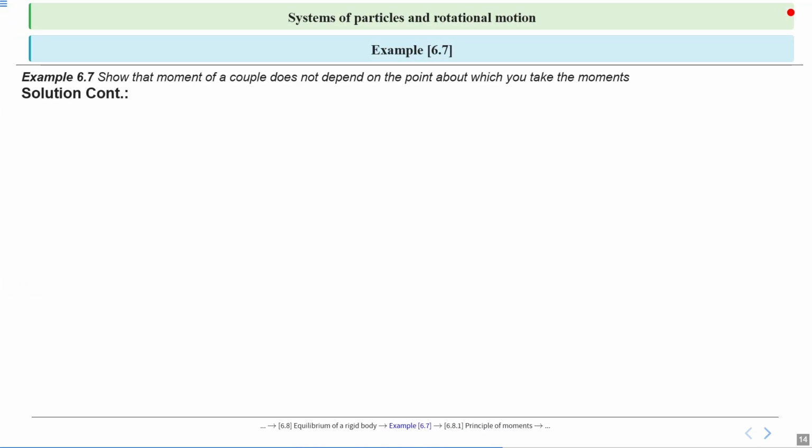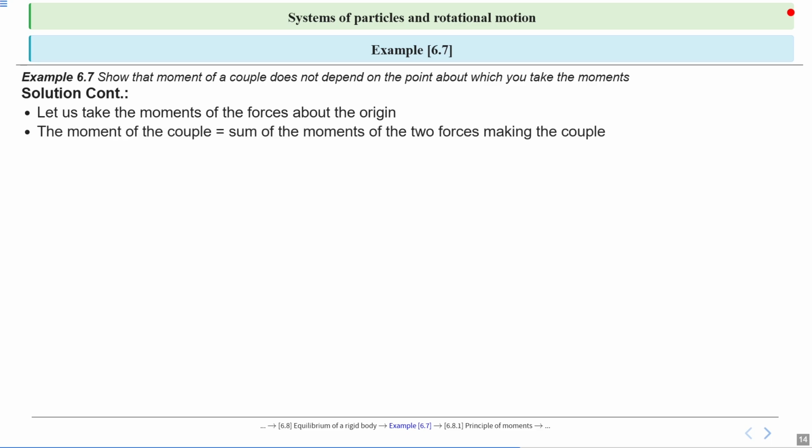So let us take the moments of the forces about the origin. The moment of the couple is equal to the sum of the moments of the two forces making the couple. First, R1 cross minus F due to the minus F force.